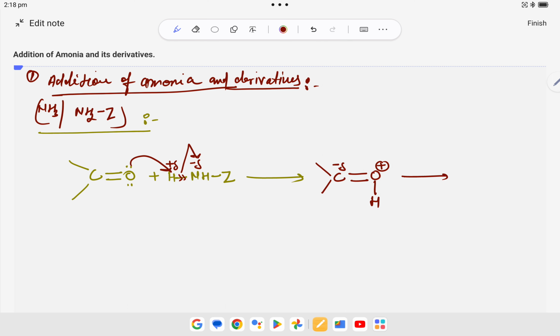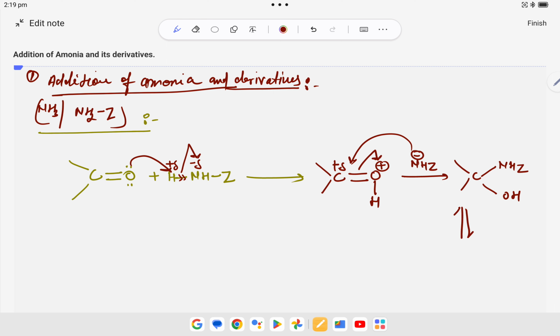And now the remaining portion is NHZ negative, that will be attached here to the carbon, and finally we are getting NHZ and here OH. Like that these electrons shift here, and the positive charge on the carbon will vanish, on the oxygen will vanish, and this kind of species we are getting.